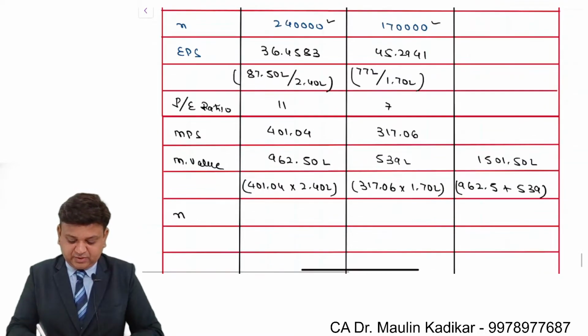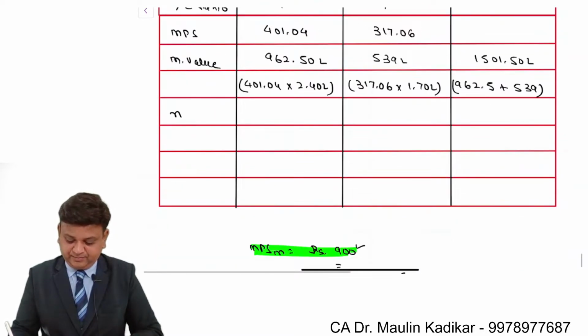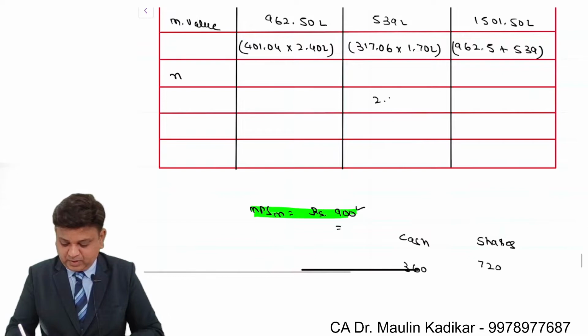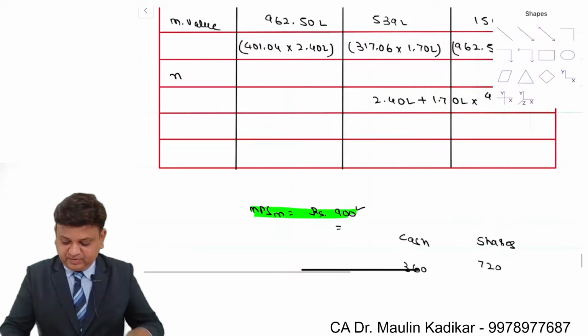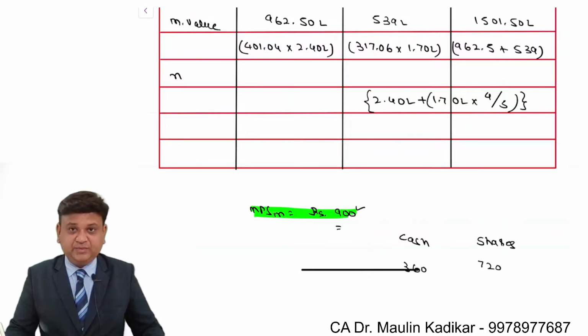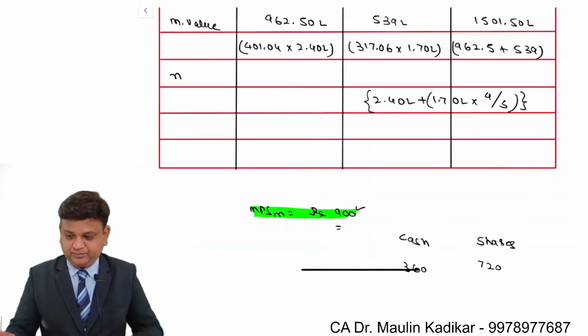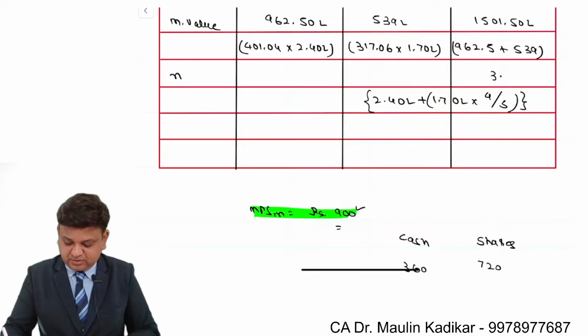Number of shares of the merged firm will be 2,40,000 plus 1,70,000 into 4 divided by 5. That is the way the number of shares of the merged firm can be calculated. 3,76,000.